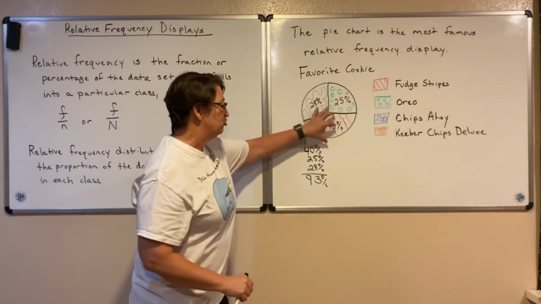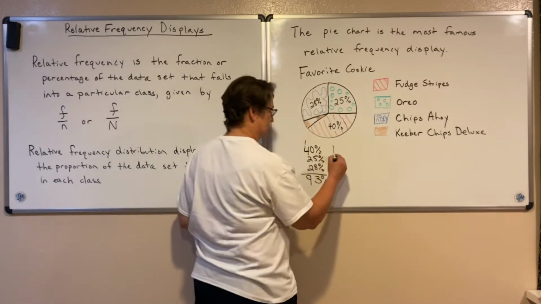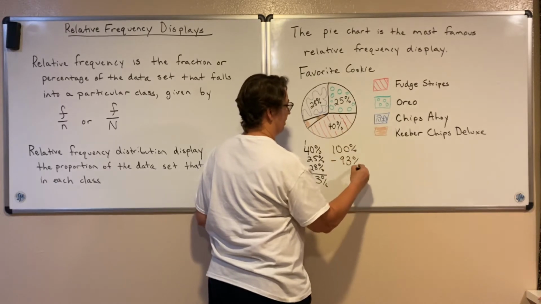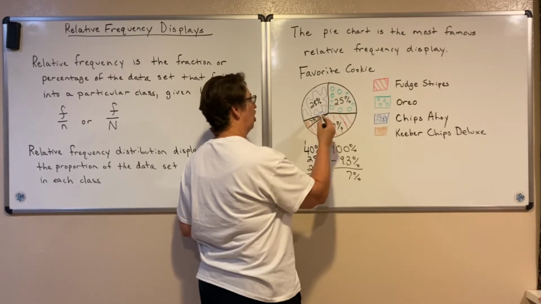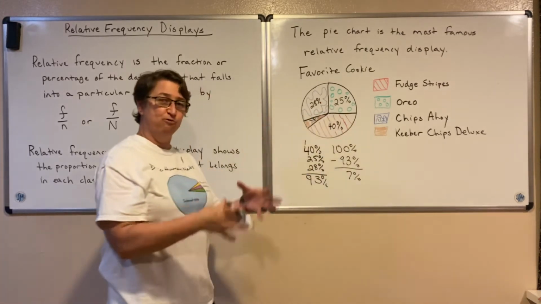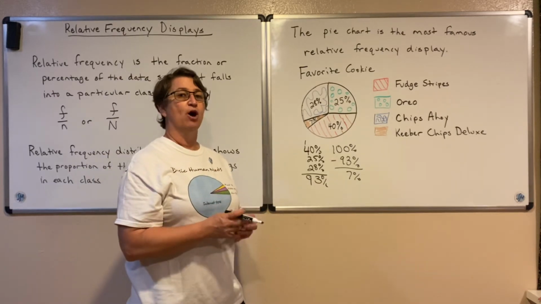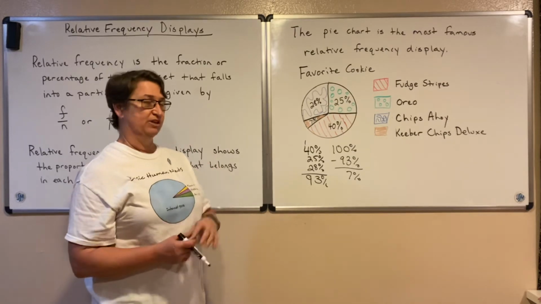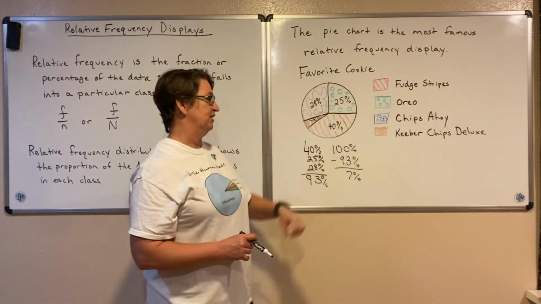I need it to get to 100, so that means if I added another 7, or if I subtract that 93 from 100, I'm at 7%. So my pie chart should always add up to be the full thing, that whole data set, which is 100% of it, or one whole thing. And then each one of these is just a piece.